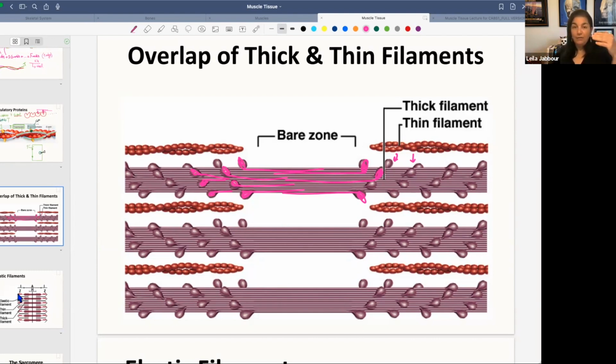We have very thick filaments laying parallel to each other, and thin filaments also laying parallel to the thick filaments and to the other thin filaments. Everybody's parallel, but just over the heads, which means there's an area where you only have thick filaments and an area where you have thick and thin filaments.